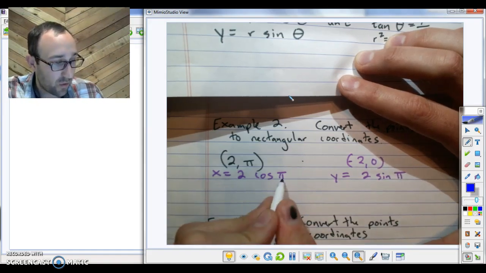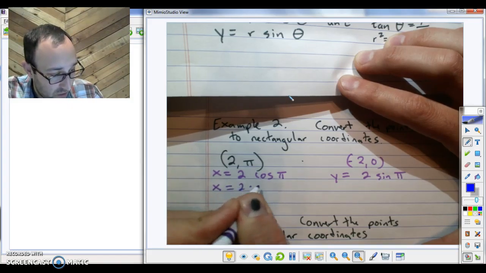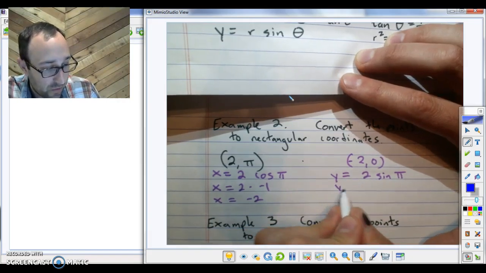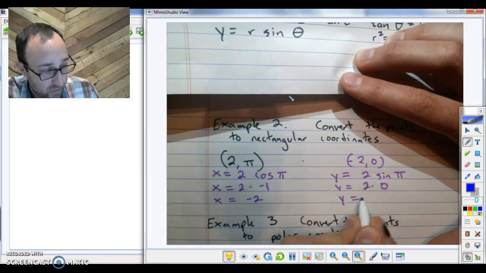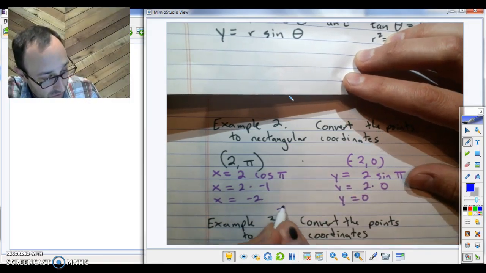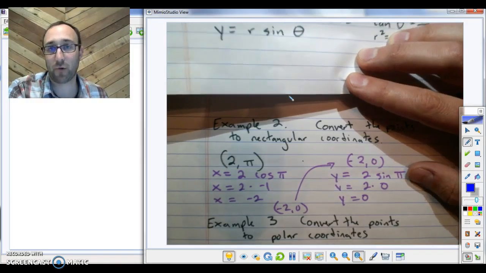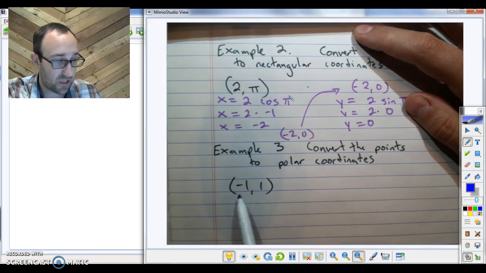Cosine pi is negative 1, so x equals 2 times negative 1, so x equals negative 2. And y equals 2 times sine of pi, which is 0, so y equals 0. So our point would be negative 2 comma 0, which is what we thought when we graphed it. Perfect.